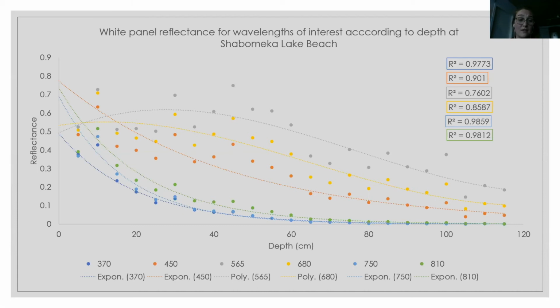And then if you look at the 450, 565, and 680 wavelengths, they're in the region of the spectrum that's dominated by the water column constituents, so pigments, tannins, things like that. And those are the aspects that really vary between water types. And these wavelengths present differently shaped relationships according to depth.